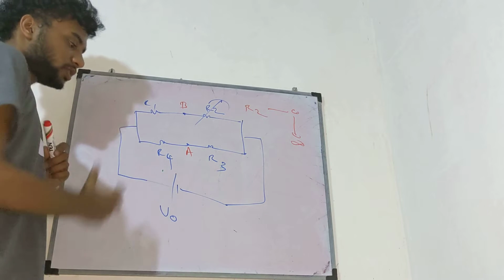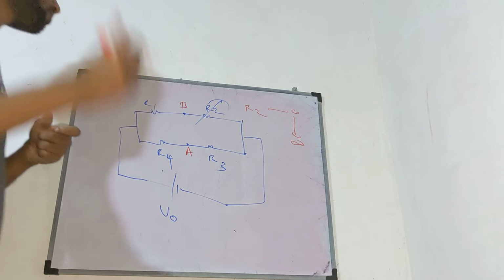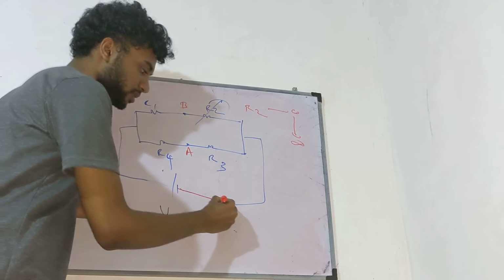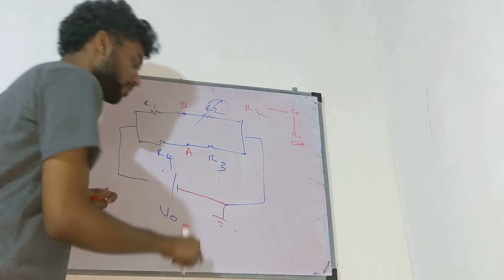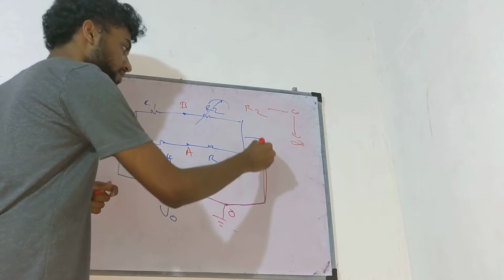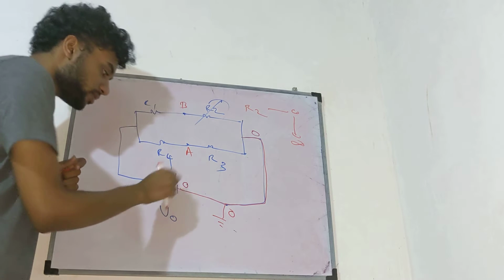Before doing this, I taught you a technique. We can make the potential at any point 0 by grounding it. So I'm going to ground this point. When I ground this, the potential at this point becomes 0, and then this is V0.